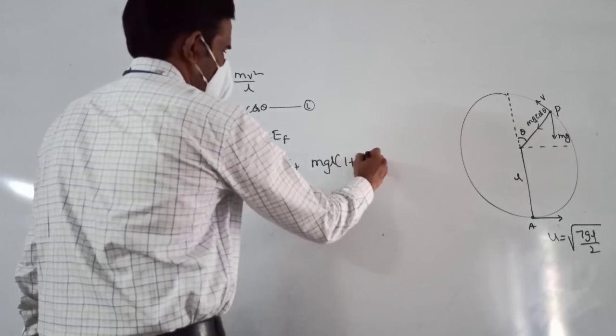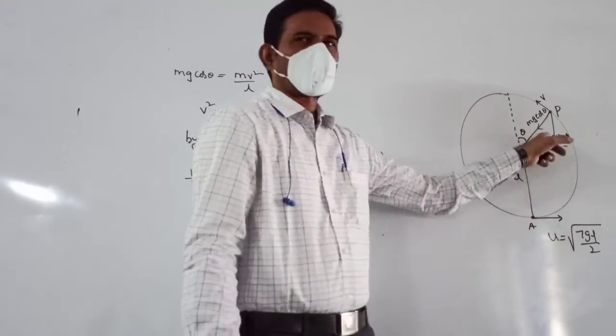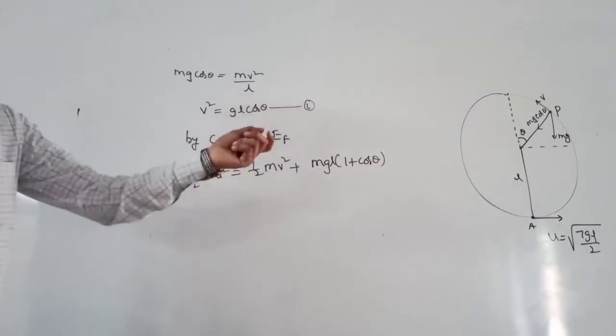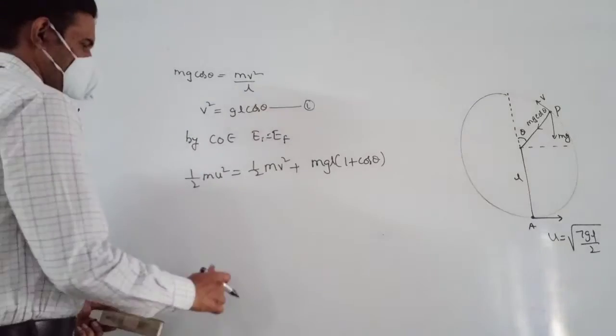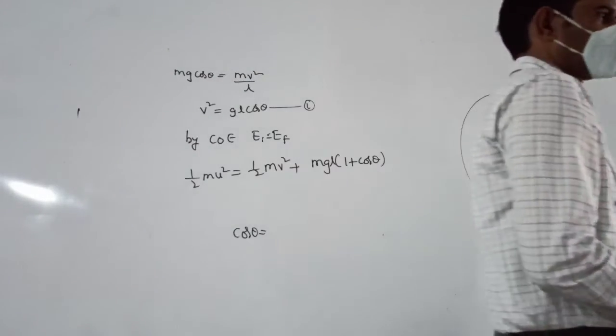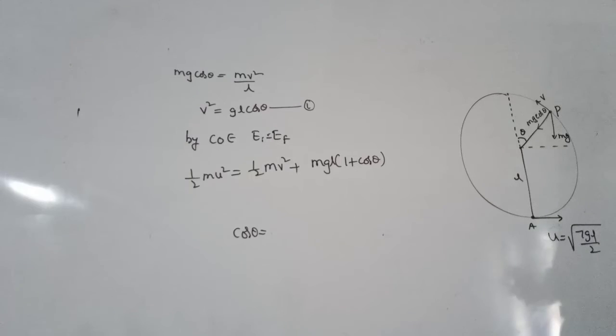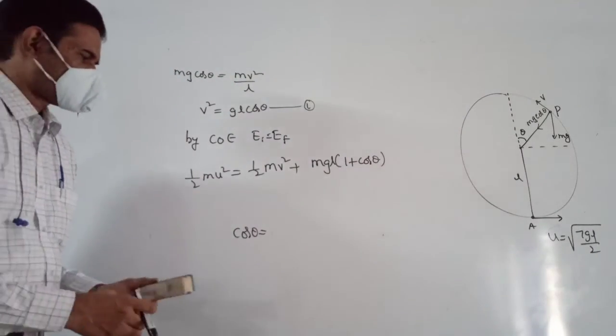Now you need to substitute the u value here, simplify those two equations, and from that find the cos theta value. Cos theta is 1 by 2. Then theta is 60 degrees.